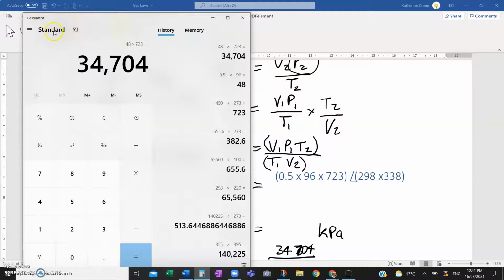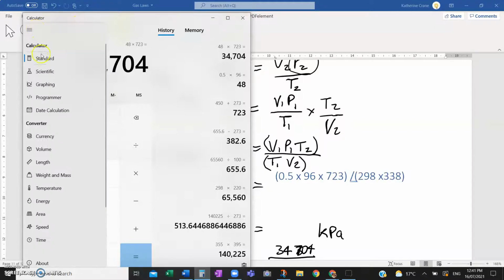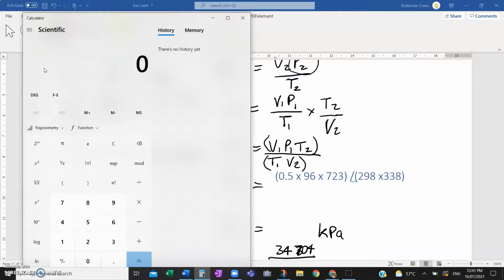Oh wait, can I change this to scientific? Dude, did not realize I had that option. Let's do that again then. 0.5, wait, parentheses. 0.5 times 96 times 723, close parentheses, divided by, open parentheses.